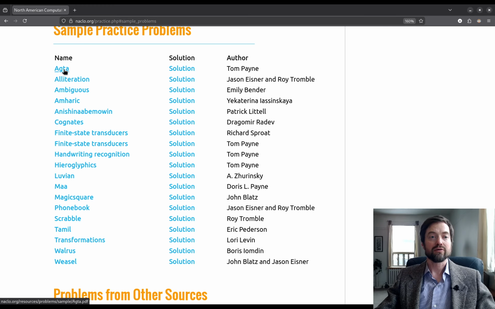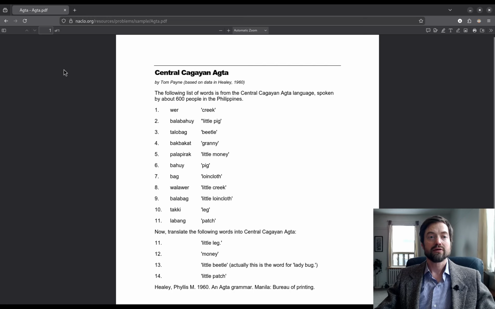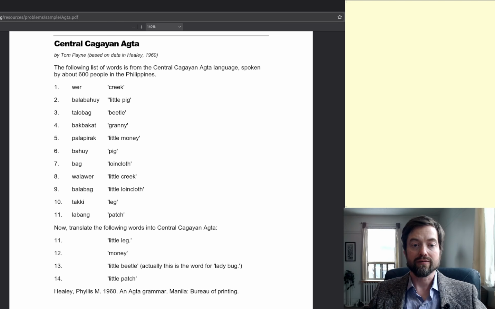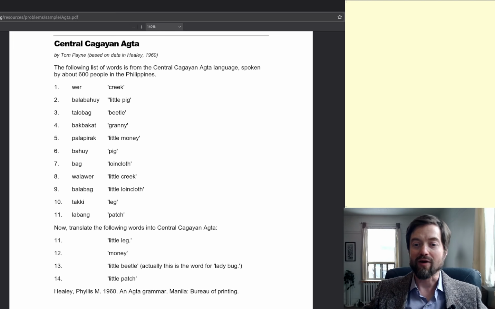So why don't we go to the very first puzzle, and here it is. It is Agta. Okay. So first we learn here, I always like to get this little bit of geographical information.